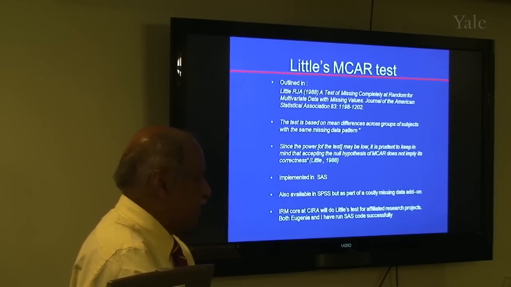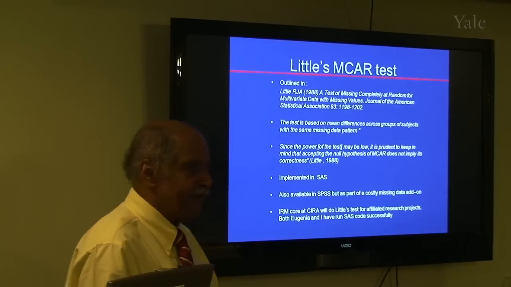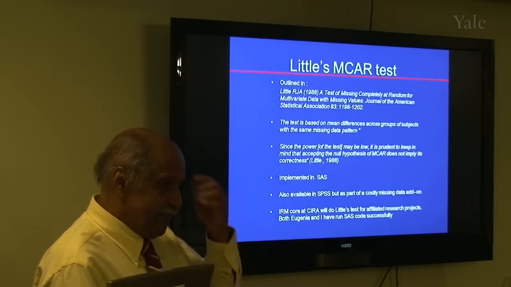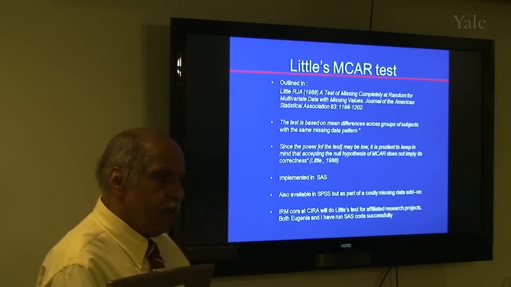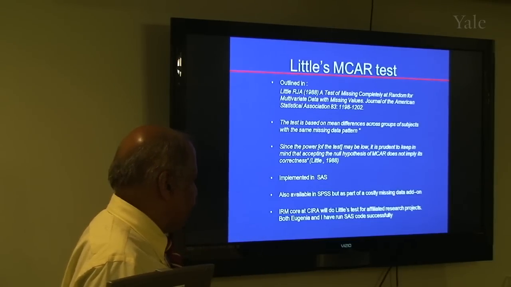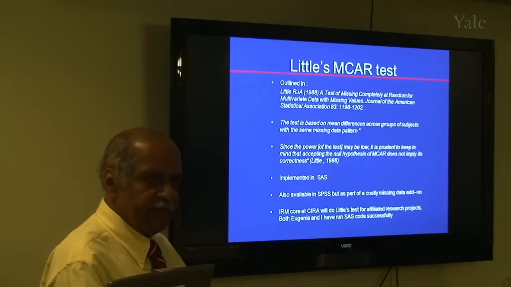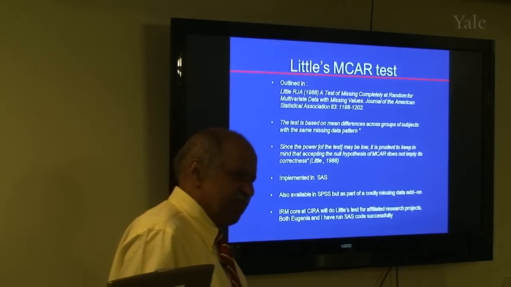Here at CIRA, we implement it in SAS, which usually is not my favorite program. I'm an R guy. But there's a neat code that I got from Dan Zelterman, and it runs beautifully. You can get a point-and-click version in SPSS for, I think, $4,000 or something. I'm a lot cheaper.